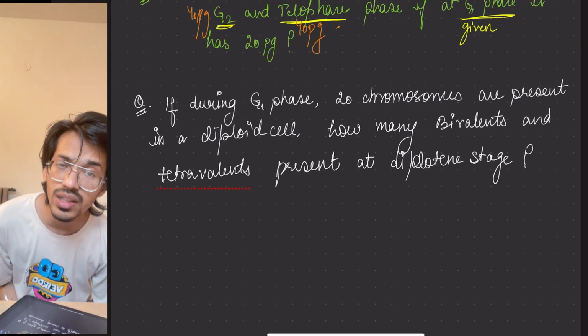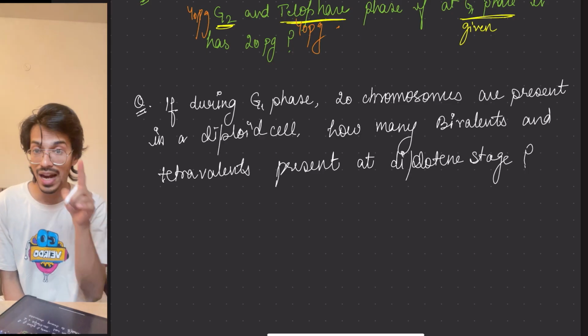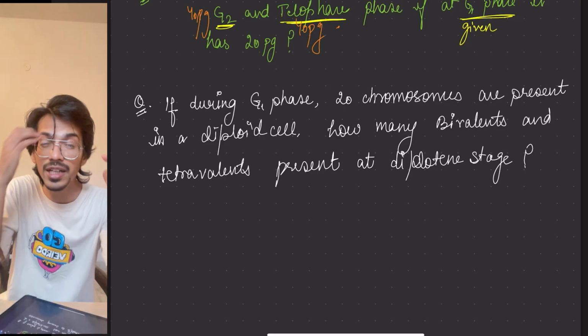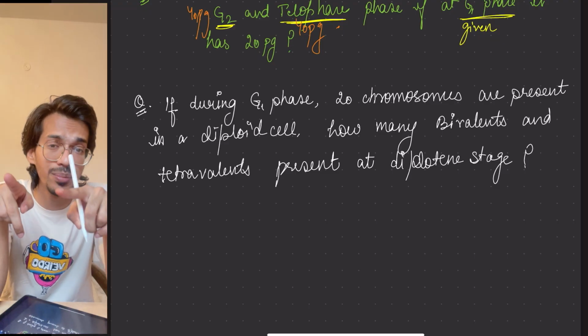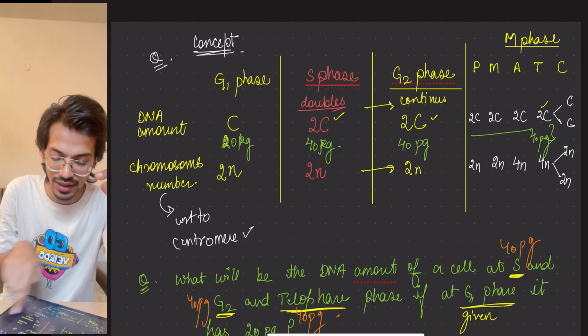Because in the diplotene stage only we will see that later on it will divide. If you didn't get it, comment down and I will share a detailed video for that concept also, similar to the one I have made here.